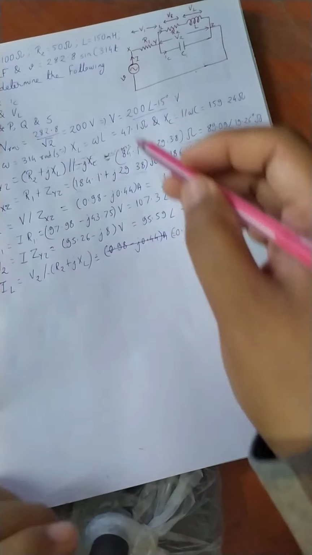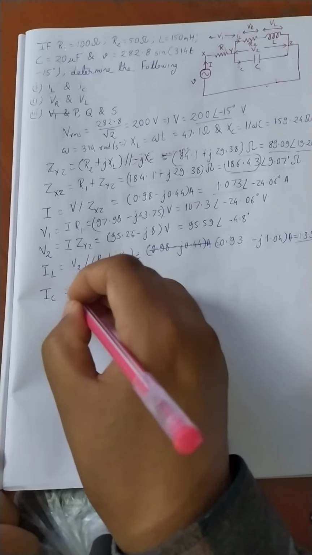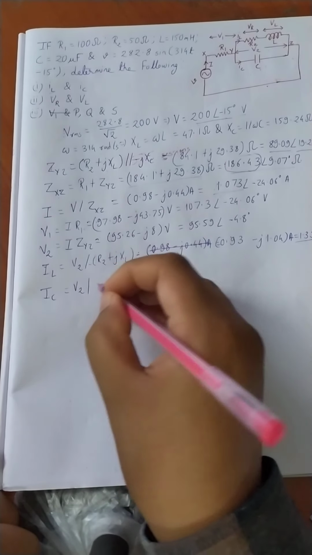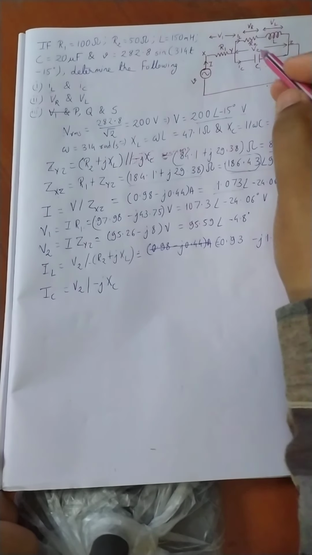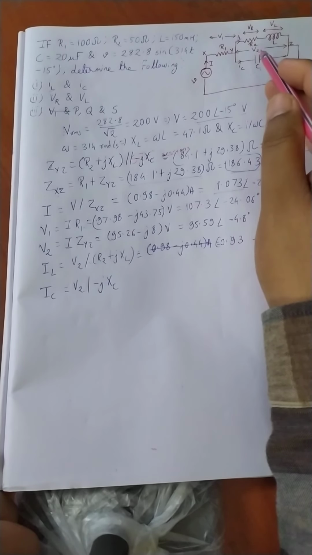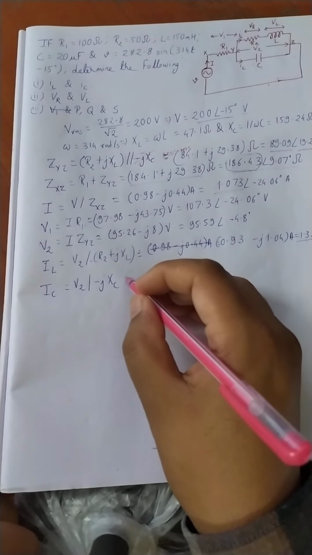So this is the RMS value of I_L. So we had found this I_L. Now similarly I_C will be V2 by minus jXC, because the reactance of this is XC, and why minus j, because it's a capacitance there.